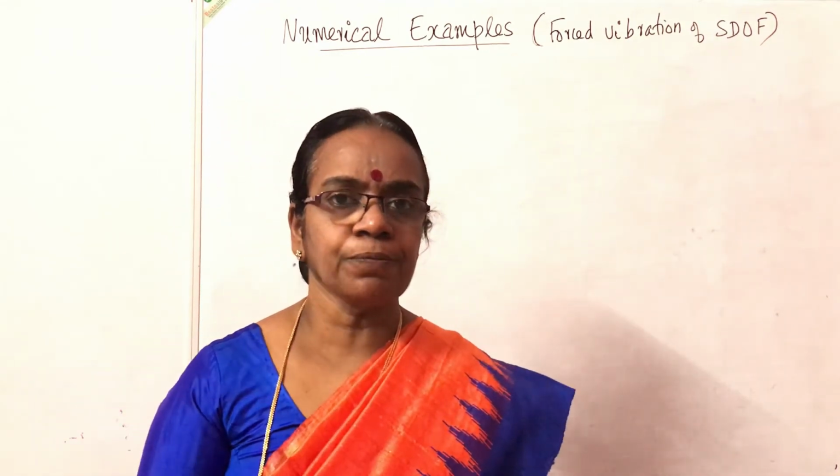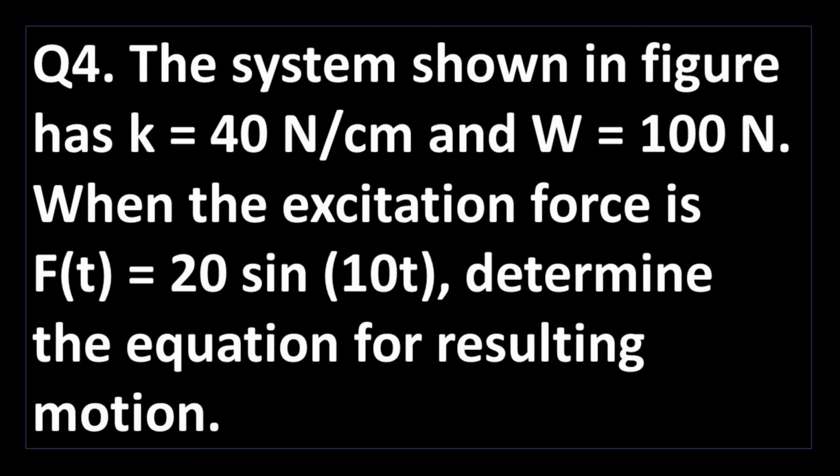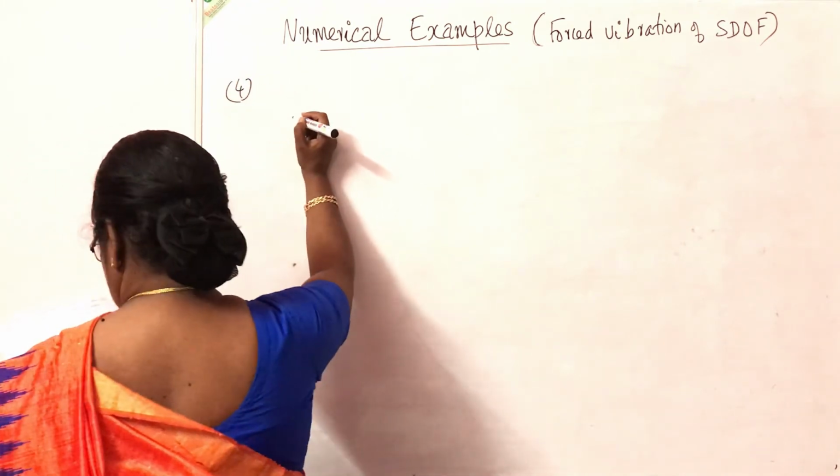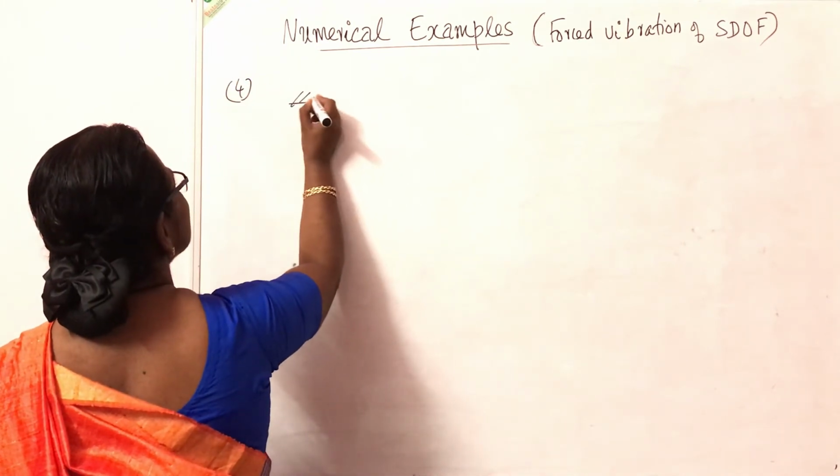Coming to question number 4. The system shown in figure has K equal to 40 Newton per centimeter, W 100 Newton, when the excitation force F(t) is equal to 20 sine 10t. Determine the equation of resulting motion. Given the figure like this.